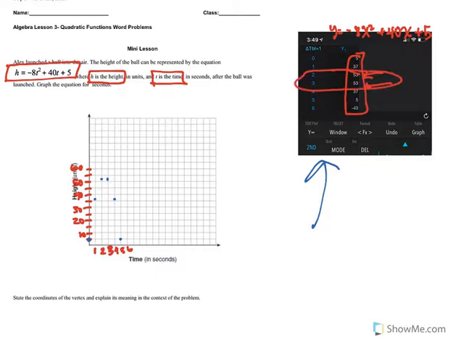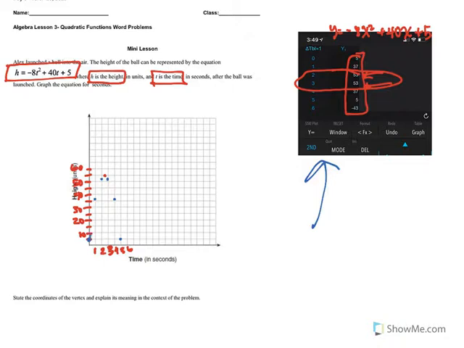That happens when your vertex has an x value that's actually a decimal, right? So your x value for your vertex is actually right between 2 and 3. So if you go to your graph between 2 and 3, then it's gonna be like right over here.